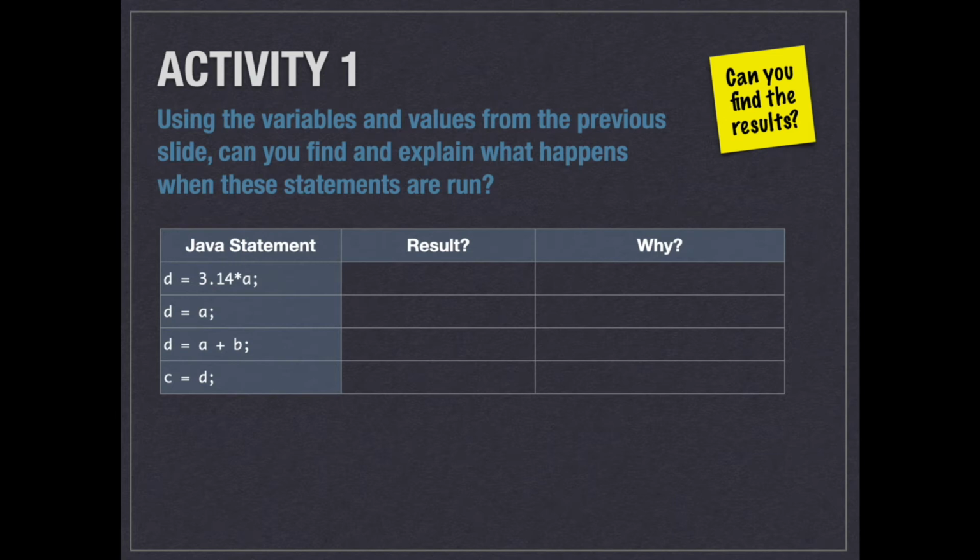So Java will promote A. Automatic promotion will kick in because Java can promote the integer value stored in A to a double precision number without, in its view, losing information value. So it will do it. That first statement will work fine, and the result will be twice 3.14, so 6.28.